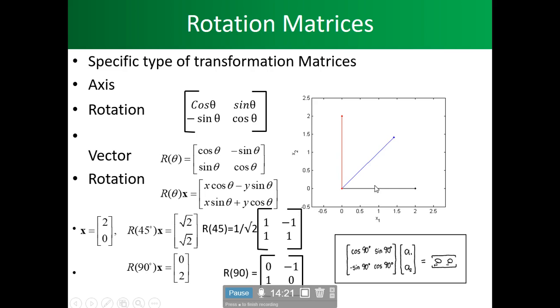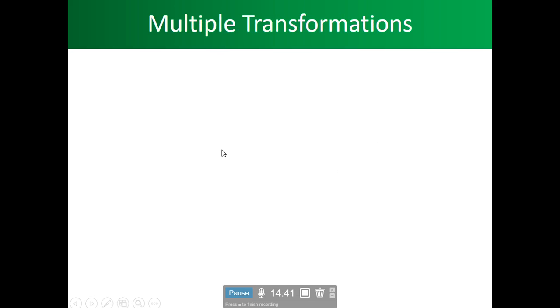Then we rotate it from its original to 90 degrees. We find out that we have a 0 in the x, as it says here, and you have 2 on the y-axis. So that's how we're able to rotate them.